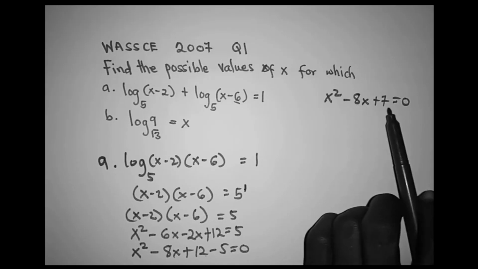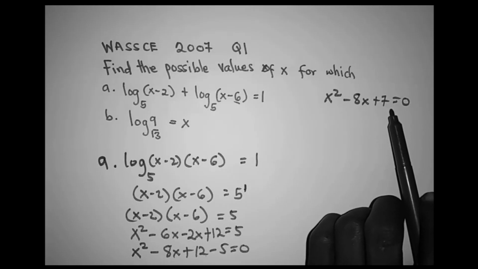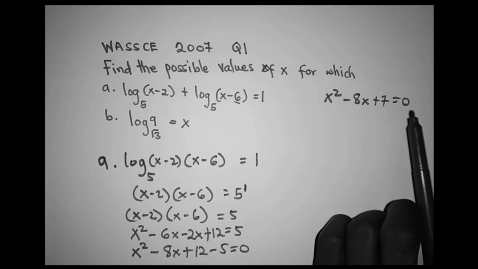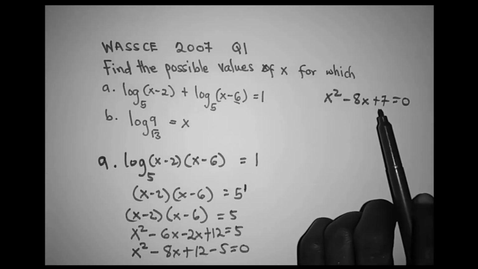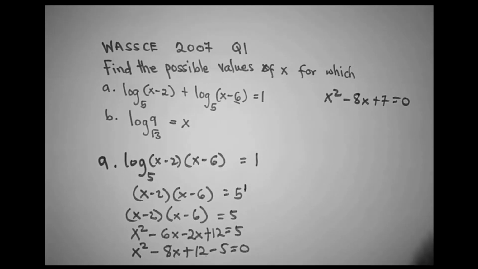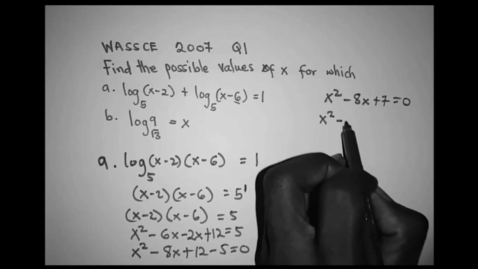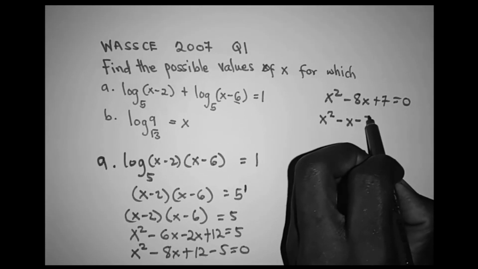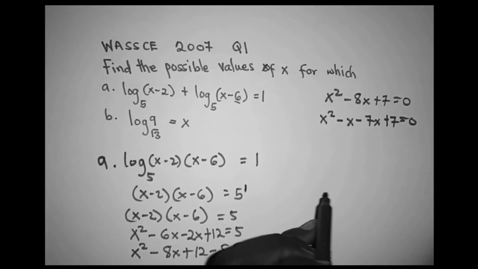So you see that minus 1 and minus 7. Minus 1 times minus 7 is positive 7. However, minus 1 minus 7 is minus 8. Therefore, this becomes x squared minus x minus 7x plus 7 is equal to 0.